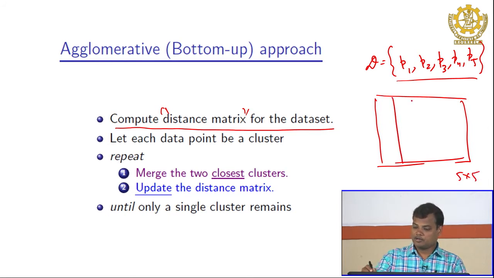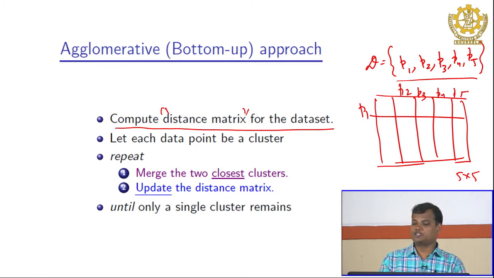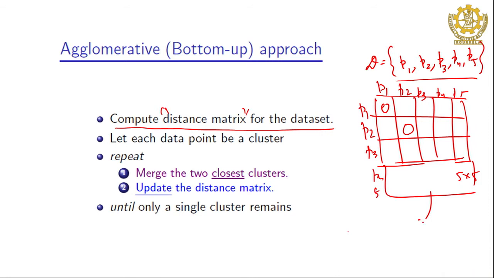From point p1 to all other points p2, p3, p4, p5 we find the distance; from p1 to p1, obviously, it is 0. Similarly, from p2 to all other points, p3 to all other points, p4 and p5 and so on. This is called the distance matrix.